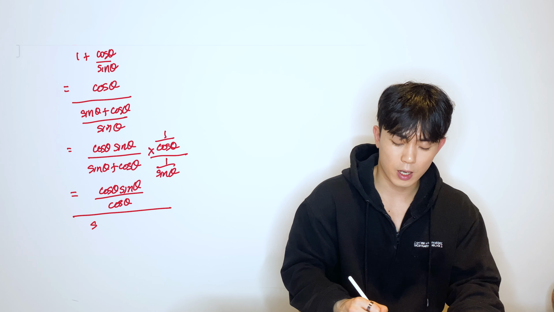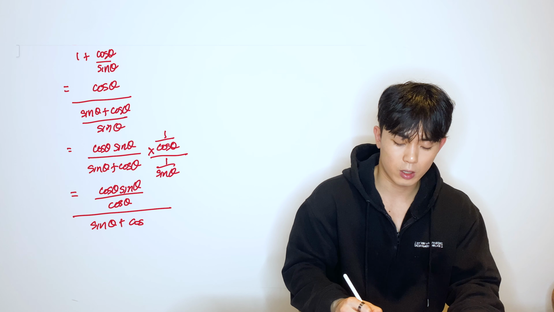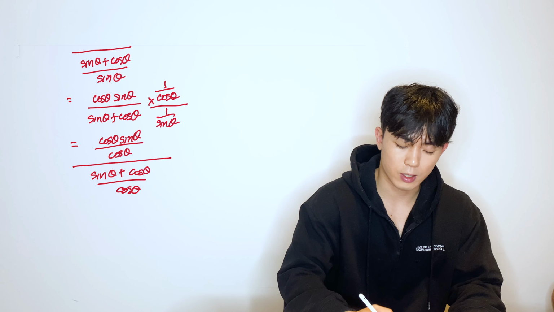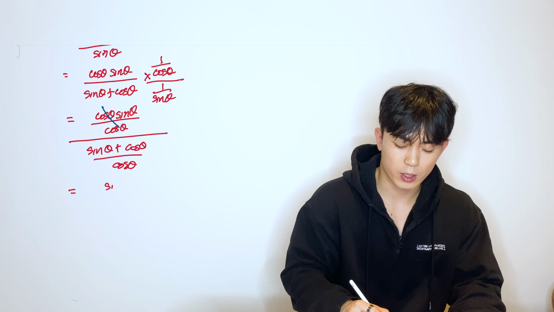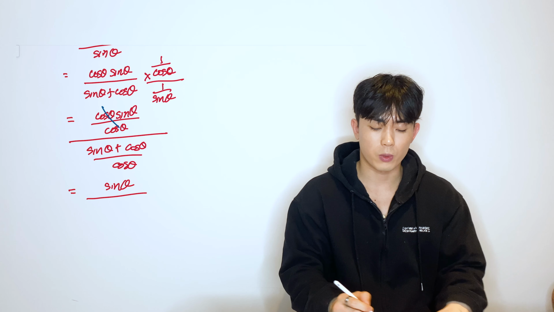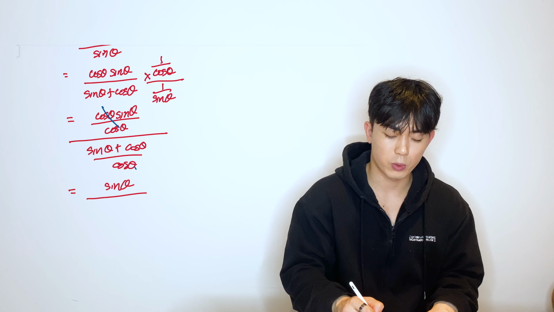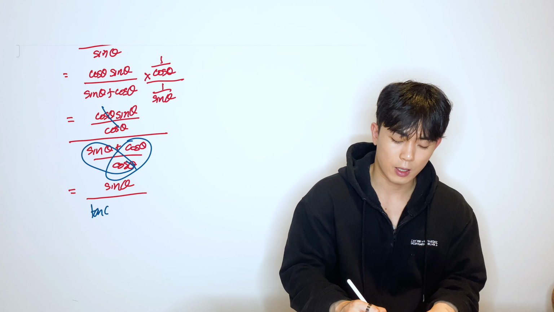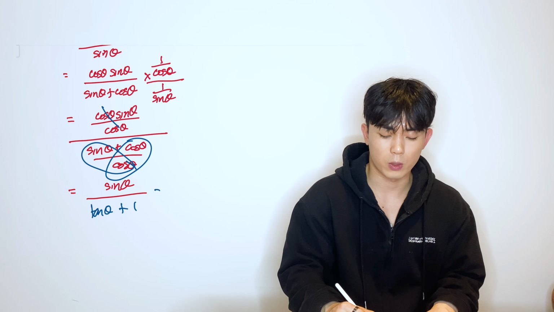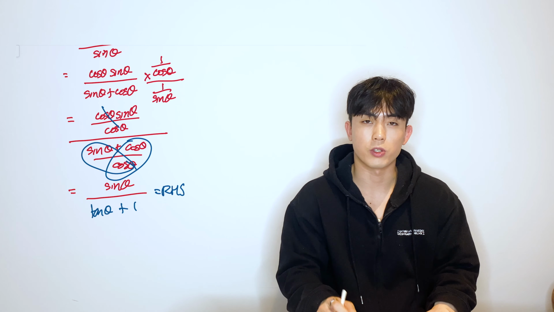On the bottom we have sine theta plus cos theta over cos as well. And as you can see, there will be some cancelling out. So these will cancel out, right? And so you're left with sine theta in the numerator. On the denominator, we have sine over cos like this, because we're dividing each one separately. Sine over cos is tan, and cos over cos is 1, so 1 plus tan, which is equal to the right-hand side, which they wanted you to find.